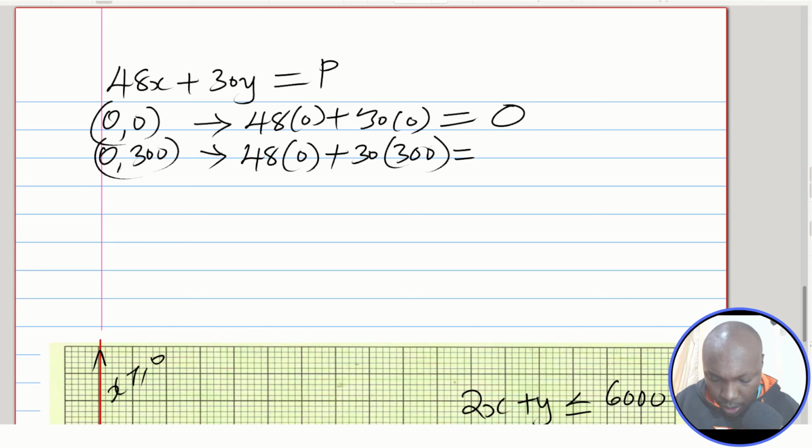Working this out very fast using a calculator, this one will just give 90,000.